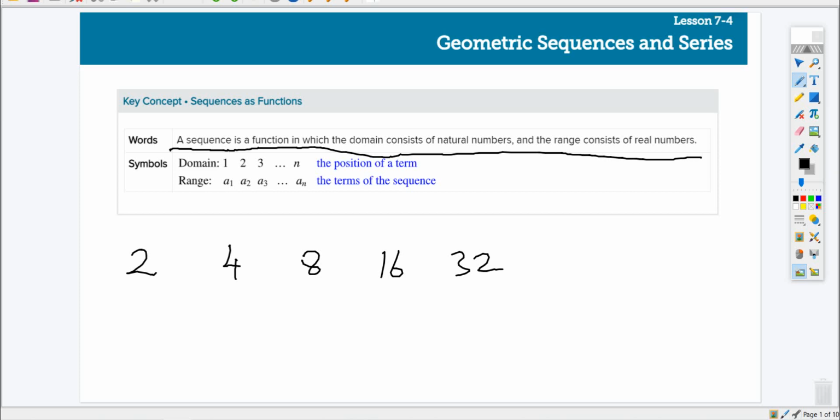As you can see here, in this question we multiply the previous number by 2 all the time. So we multiply 2 by 2, we get 4. We multiply 4 by 2, we get 8. Then we get 16, and we get 32. So if you catch something like that, this is called a sequence.